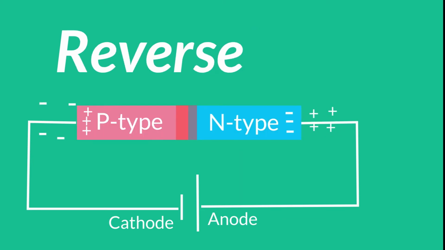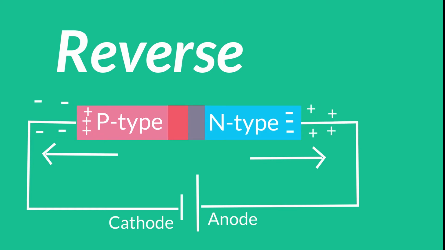Under reverse bias condition, the anode is connected to the n-type, making the free electrons in the n-type get attracted to it. The same thing happens in the p-type region, which is attracted to the cathode, and holes get attracted to the cathode terminal. This condition makes the depletion region wider and wider, and the current will not flow.